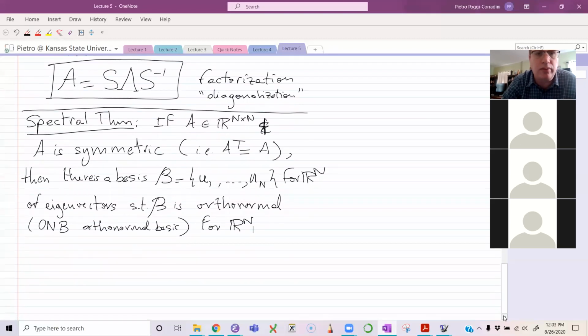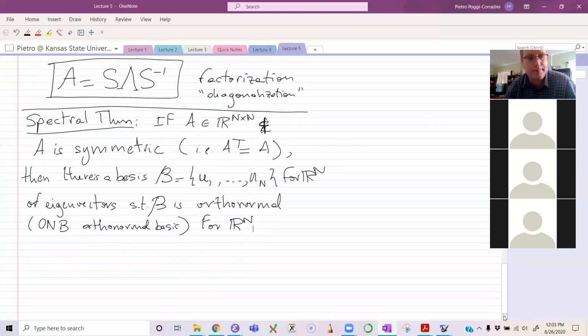What does it mean to be orthonormal? It means that when you take the dot product of a vector ui and a vector uj, you're going to get 0 if these two vectors are different, and you get 1 if they are the same vector.